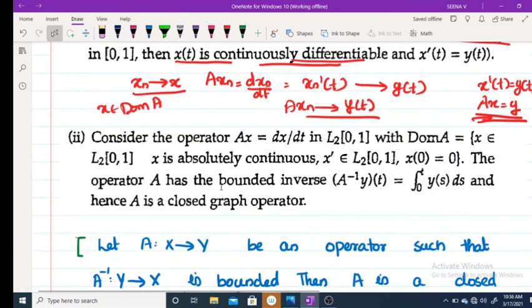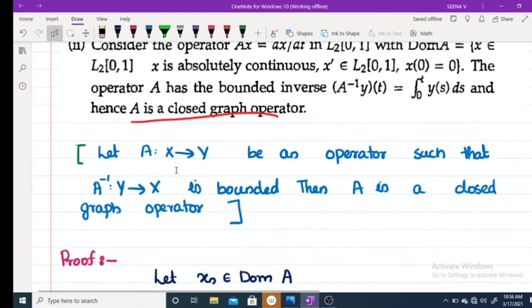Next, the same operator in L2[0,1] with the domain of A equal to the set of all x belonging to L2[0,1], x absolutely continuous, x dash belongs to L2[0,1], x(0) equal to 0. The operator A has a bounded inverse, A inverse y(t) equal to the integral from 0 to t of y(s) ds, and hence A is a closed graph operator.